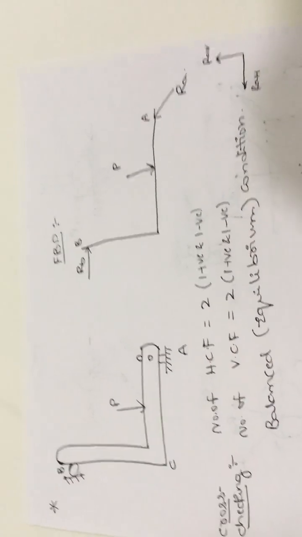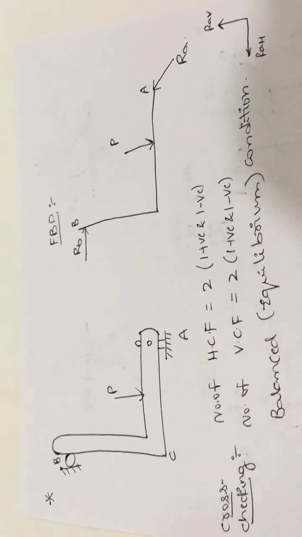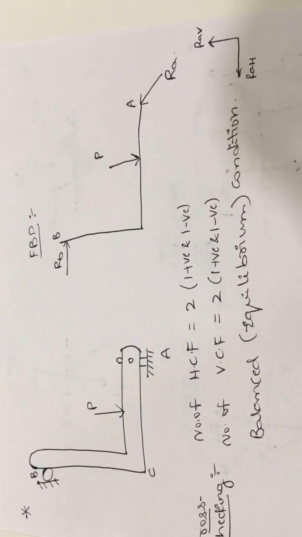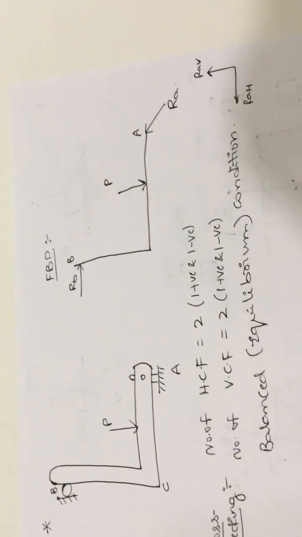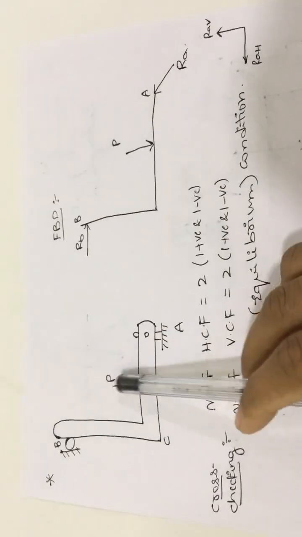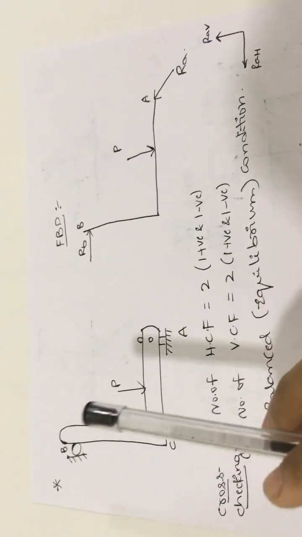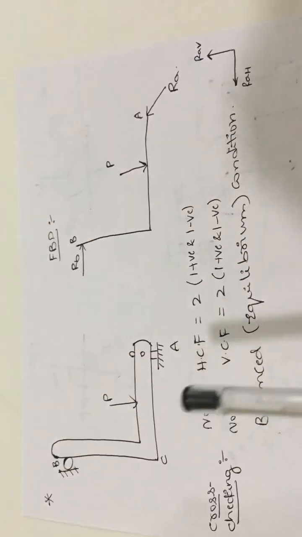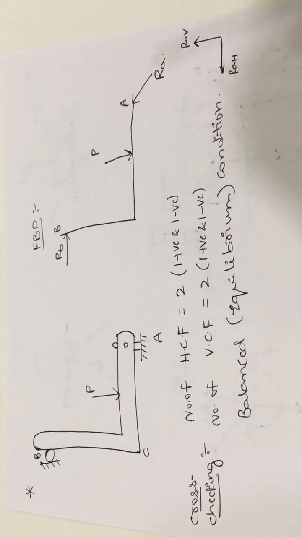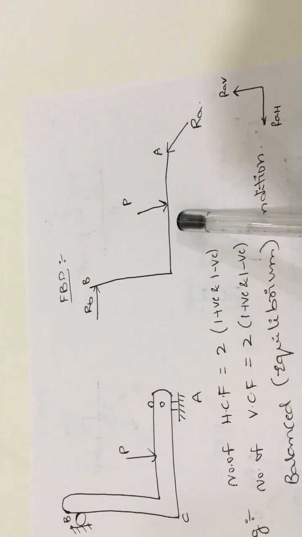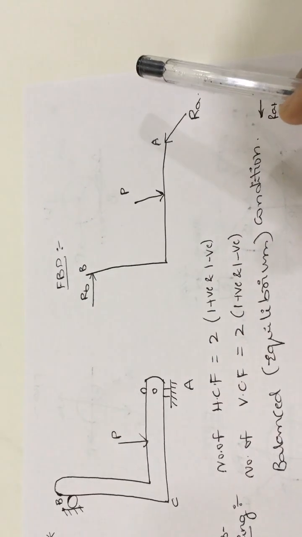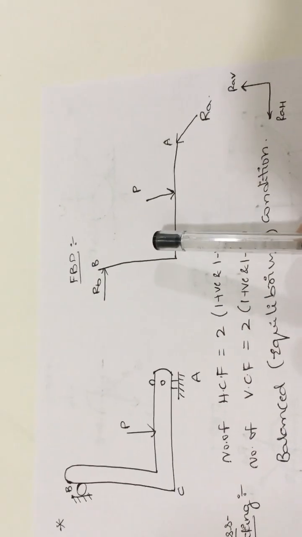And one more thing, wherever you get this type of the complicated supports, you can cross check your free body diagram whether your free body diagram is right or wrong, by using the equilibrium conditions only. We all know that every body should be in the equilibrium condition. When it is in the equilibrium, it should satisfy those equilibrium conditions like sigma h and sigma v is equal to 0. Now in the free body diagram you identify how many horizontal positive components are there and horizontal negative components are there.